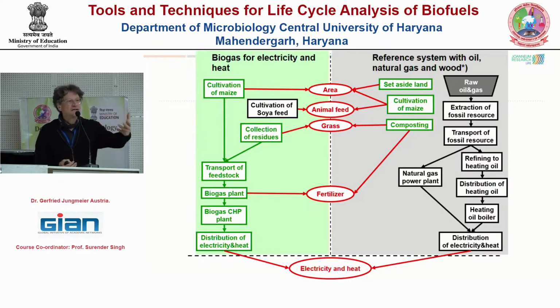The good thing is that the digested material coming out of the biogas plant also contains fertilizer. So at first glance, you also get a fertilizer. You do not get it directly from the composting of grass, you get it a little bit indirectly from the biogas plant. So it is very important that the fertilizer balance is kept.